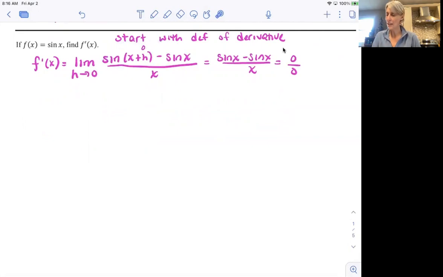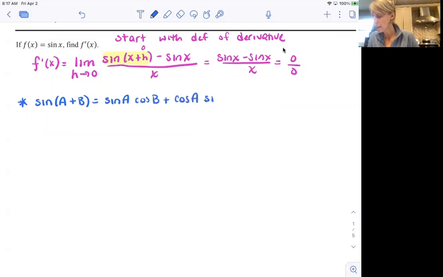This time we can, because if you recall from your trig identity unit, we have the sum of two angles. That's an identity: sine A cosine B plus cosine A sine B. We're going to take that and substitute it in for this term here.